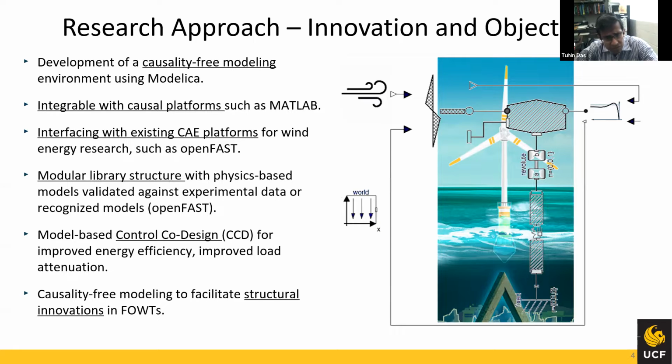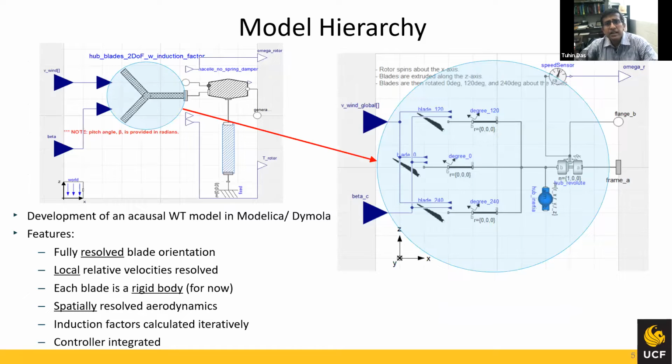It also helps us to do structural innovations, because changes in the models, changes in the designs are very easy to do. And ultimately, it helps us to do control co-design, which essentially means that we want to develop the system and the control together so that at the end, we get an optimal system which is amenable to control. So with that, let's look at some specifics.